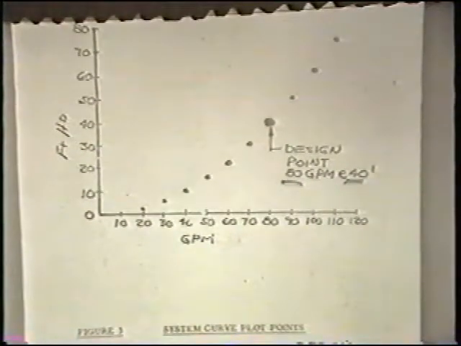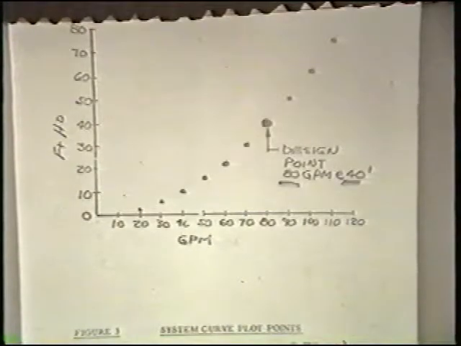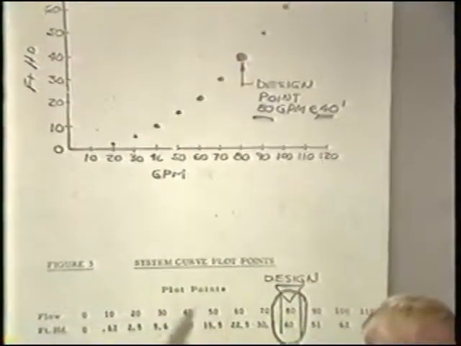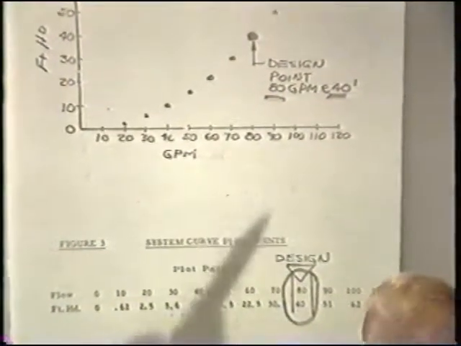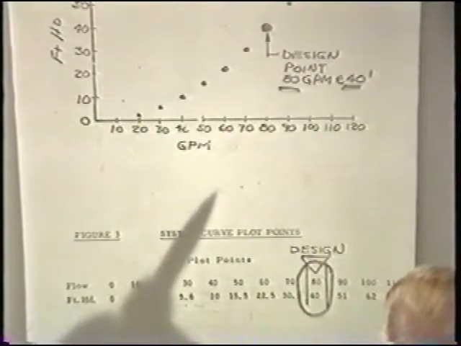So we can establish this then as the design flow head point: 80 gallons per minute at 40 feet of head. Now, head loss will change in the system as flow changes in that system.